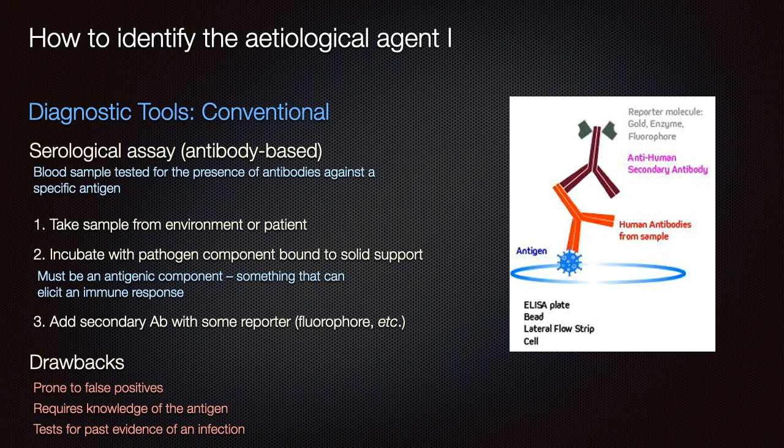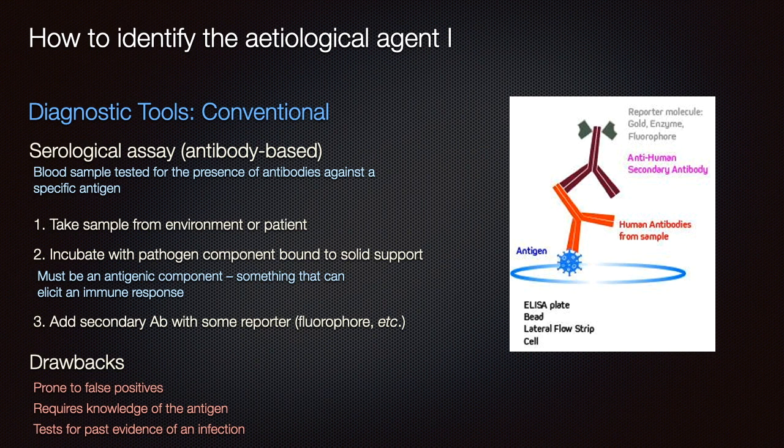So in a serological assay, we take a sample from a patient or even the environment. We incubate that with some pathogen component that's bound to solid support. We call this component an antigen. This is something that can elicit an immune response.